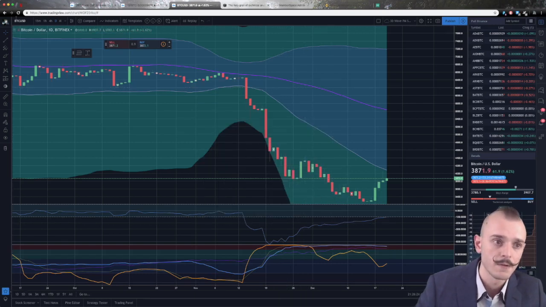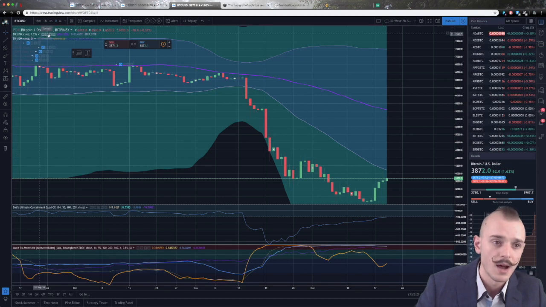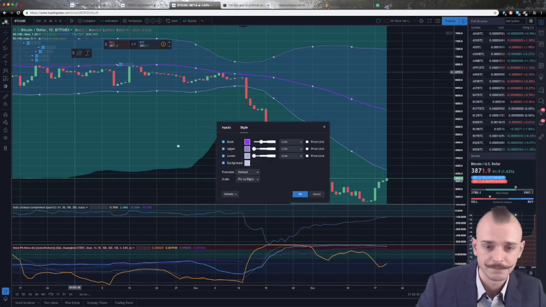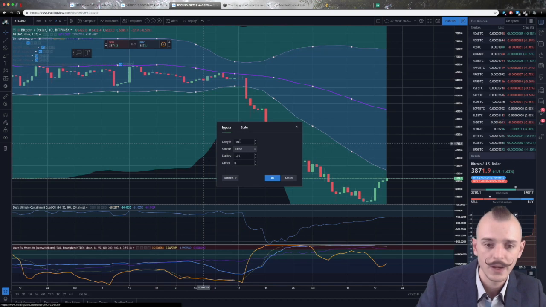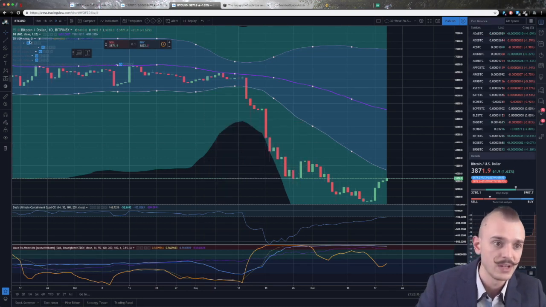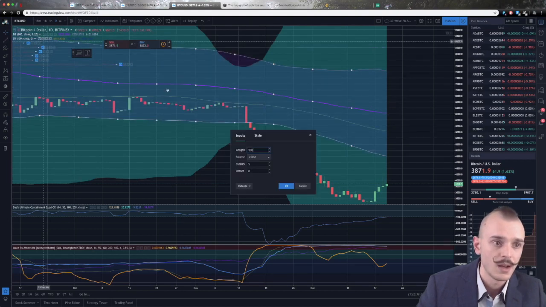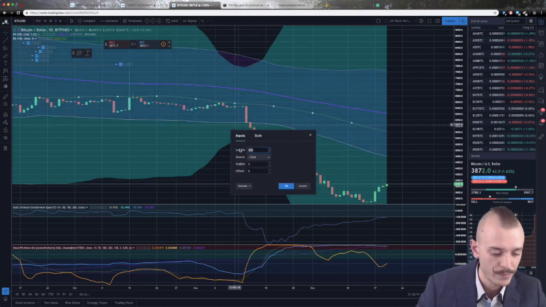Now, for my actual default template, I do the following. I have a 200 band on the 1.25 standard deviation, and I have a 50 band on the 1.25 standard deviation.